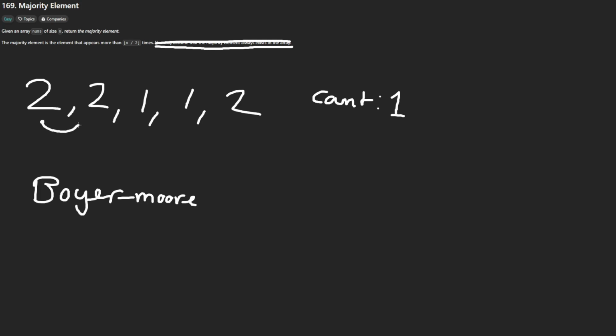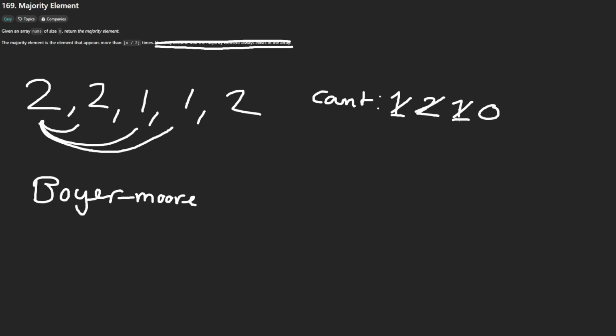We will then compare it to this 2, index 1, which would then mean our count would become 2. And then we'd compare it to this 1, where we would decrement our count, so that would go down to 1. We'd then compare it to this, so now we'd go down to 0. However, we will only change the candidate should we reach a negative number.